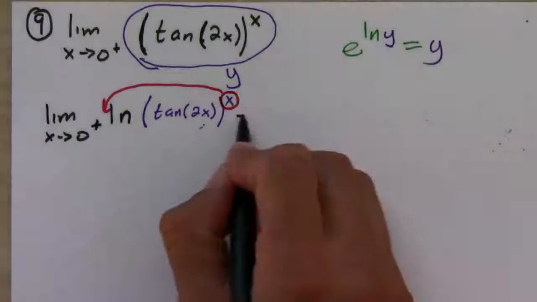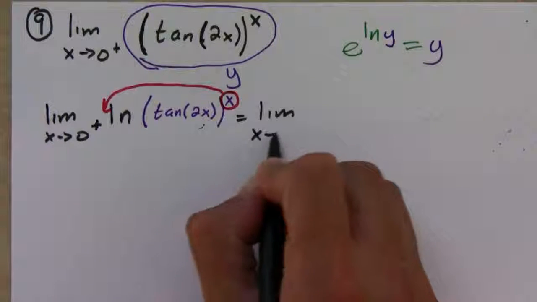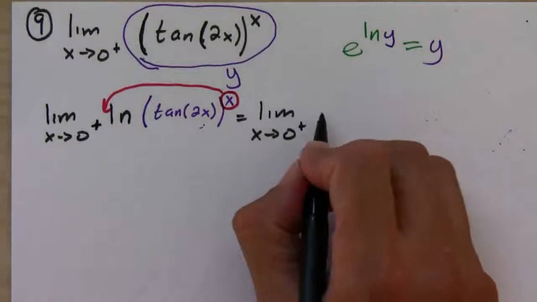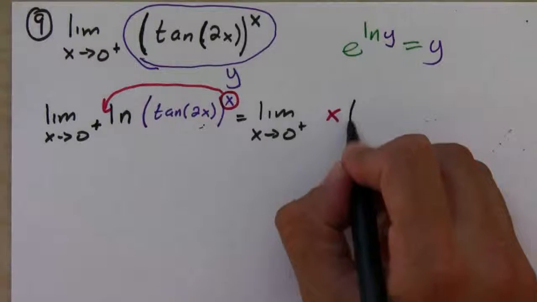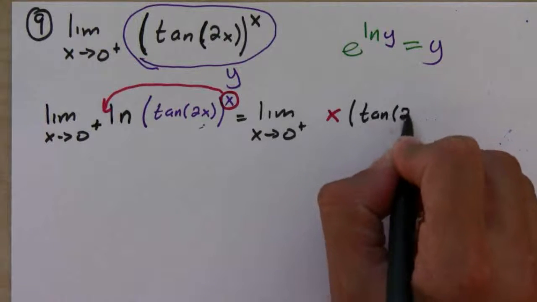And so what I'm going to have is this is equal to the limit as x approaches 0 from the right of x times tangent of 2x.